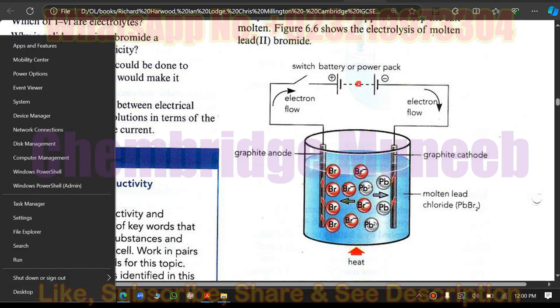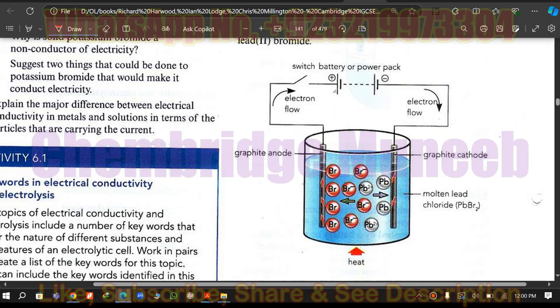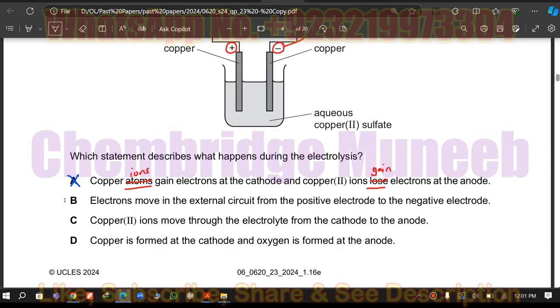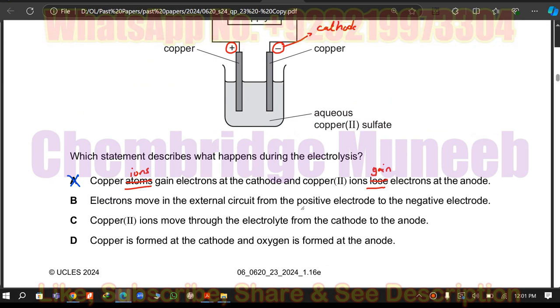This is the external circuit which is connected through the battery or power supply, and you can see that electrons are moving from the positive electrode to the negative electrode, or you can say from the anode to the cathode. So looking back into the question, it says electrons move in the external circuit from the positive electrode, which is the anode, to the negative electrode, which is the cathode. So that is a correct statement.